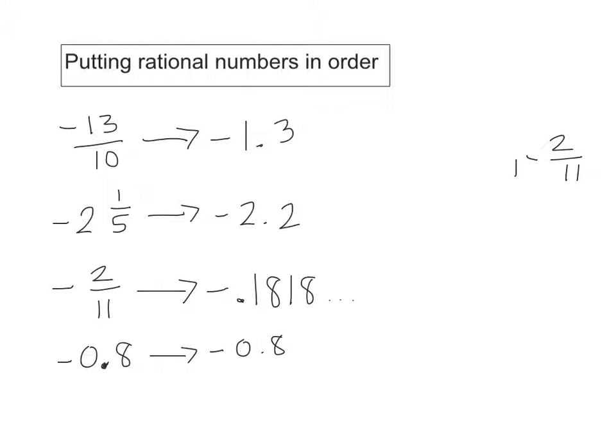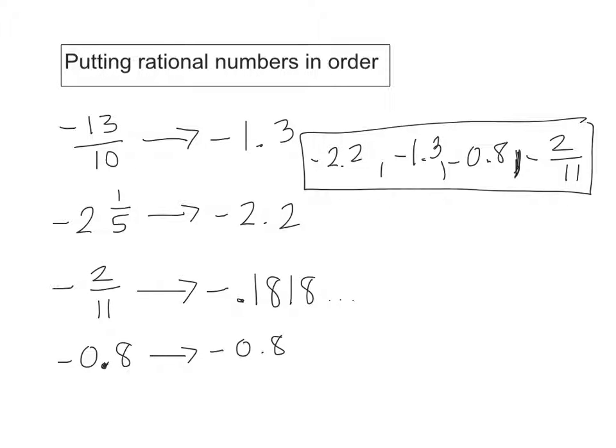I'm sorry, to the right. And then to the left of that, the next biggest number would be -8/10. To the left of that is going to be -1 3/10. And the number that is farthest from 0 is -2.2. And so these would be these 4 rational numbers in order.